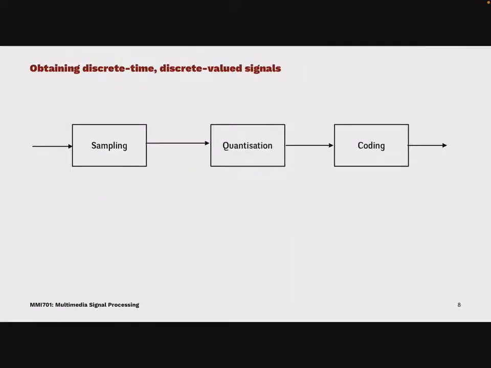Okay, so how do we obtain then discrete time and discrete valued signals? Say for instance you have a sound card and you're speaking and you're recording your voice by a microphone. So what do you need to do? That's our question. So first of all, your speech is an analog signal to start with. And you need a transducer, in this case a microphone.